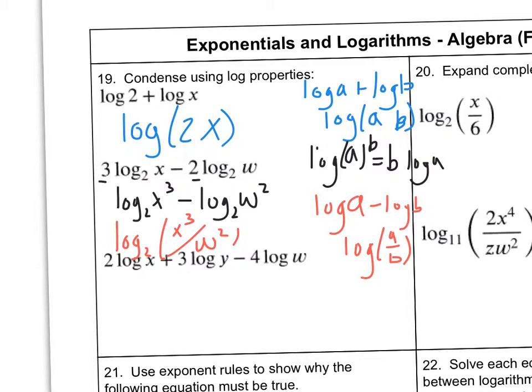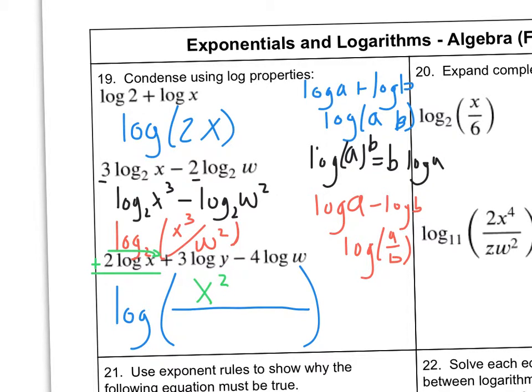For the last one, I'm going to show you how we can do everything at once. Here we've got subtraction, we've got addition, we've got power to a power. The way that I set this up is I write one big log, nice big parentheses for that. I'm going to put a fraction bar in there. And if I have positive things, they're going to go up top. This would become the power, so that would be x squared.